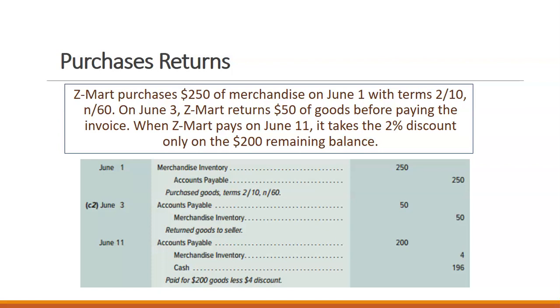So we're going to debit accounts payable and credit merchandise inventory for that $50 return. Then we pay the remaining $200 within the discount period and take the 2% discount on that $200 balance. So then we would debit accounts payable for $200, credit merchandise inventory for $4, and credit cash for $196.